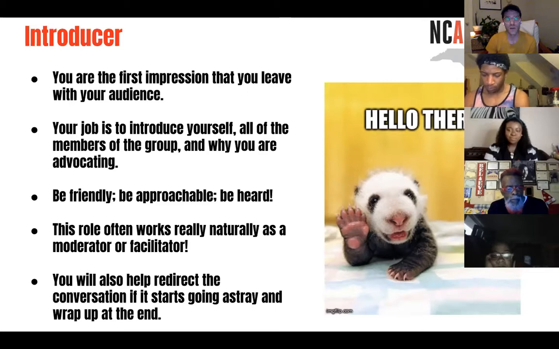This role also works really well and naturally as a moderator or a facilitator. As we go into these meetings, we know that policymakers love to hear themselves talk. They are makers, but not always experts, because you are the policy expert. But they like to hear themselves talk, and often get off track of what you want to be talking about for your policy or your advocacy.